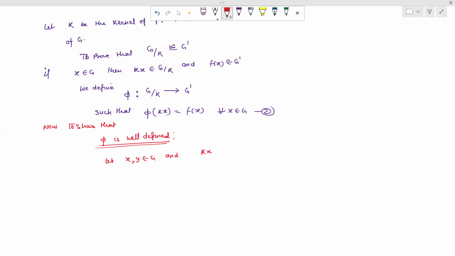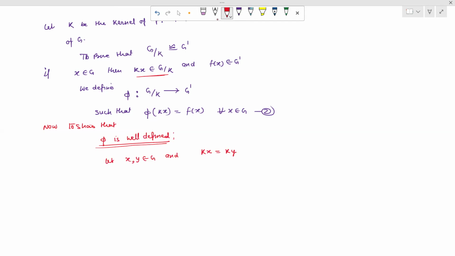Kx is equal to Ky. So here we take Kx belonging to G over K, with x and y two elements.